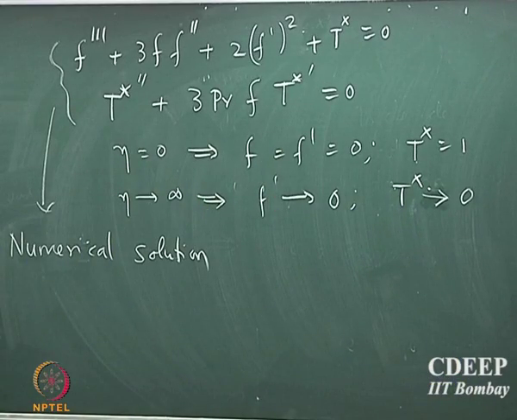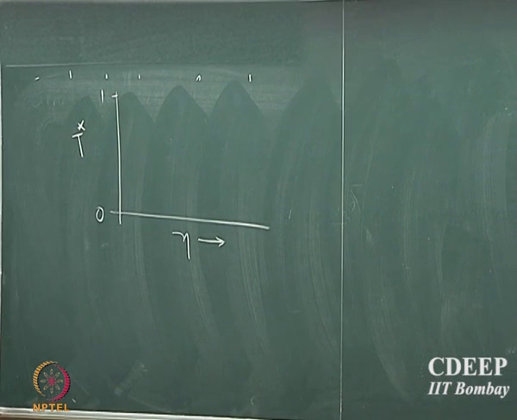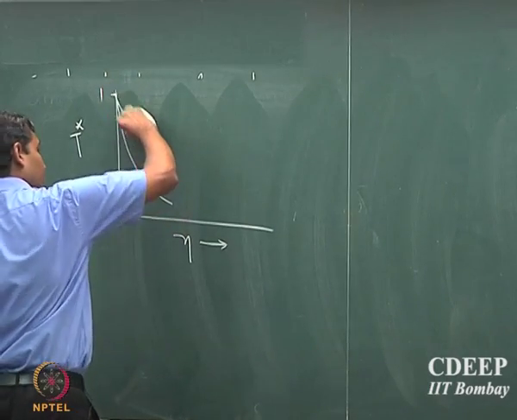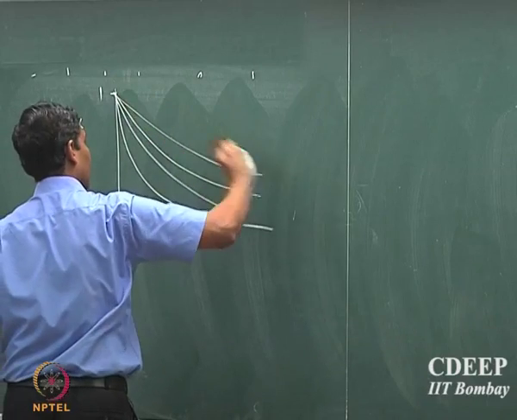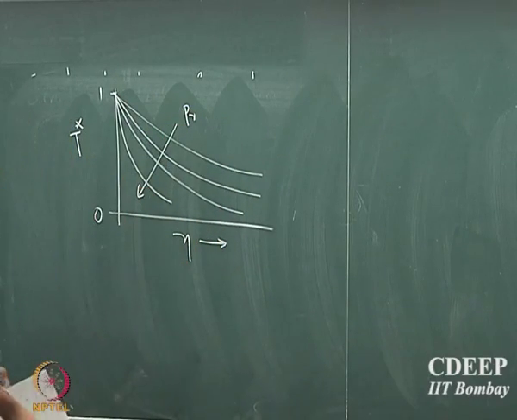The numerical solution for the temperature profile would look something like this, with T star going from 0 to 1, and this is eta. This is increasing Prandtl number.